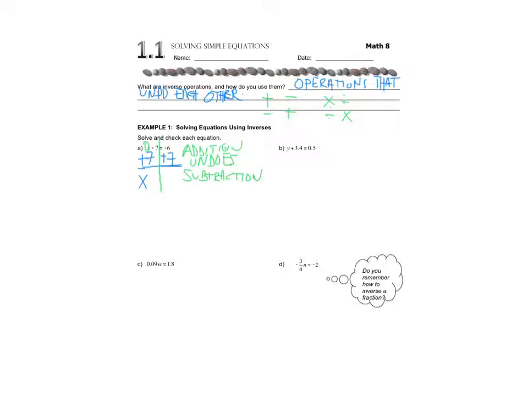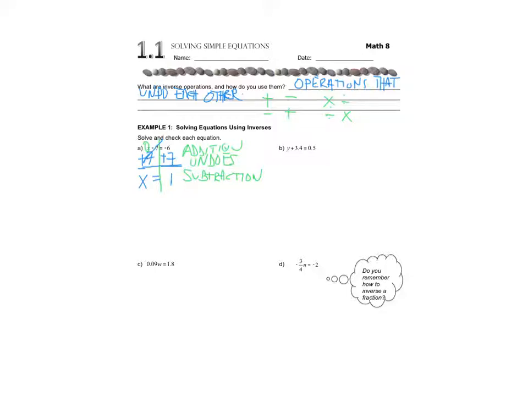Well, that becomes 0. So it cancels, and that means it's gone off of the left side. That means that now I have the x all by itself, which is what we're looking for. And then I go to the other side and I say, well, I have a negative 6 plus 7. Remembering my integer rules from last year, negative 6 plus 7 is a positive 1. So I think this is my answer.